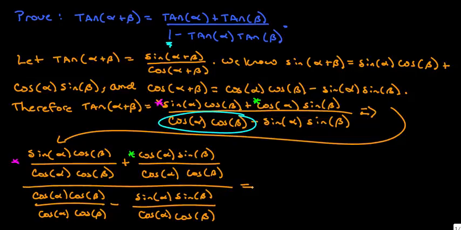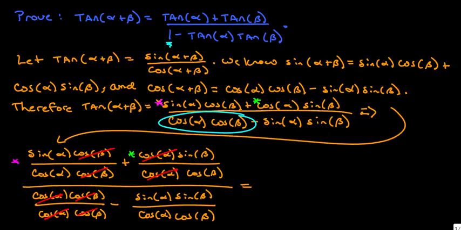So let's attack these guys one at a time. First, cosine beta over cosine beta. These guys cancel. Over here, cosine alpha over cosine alpha. Those guys cancel. Over here, everything cancels. And then over here, nothing cancels.